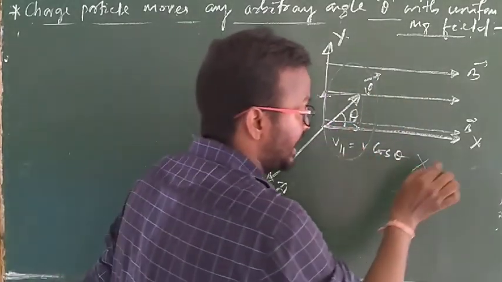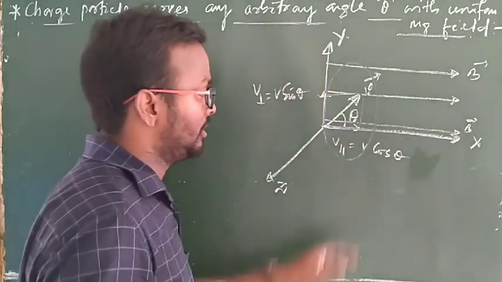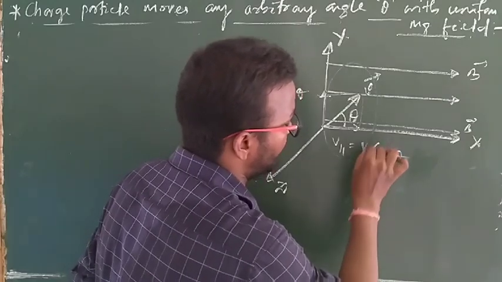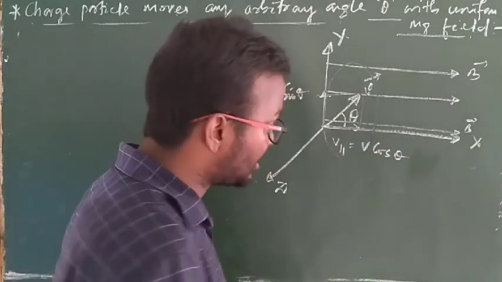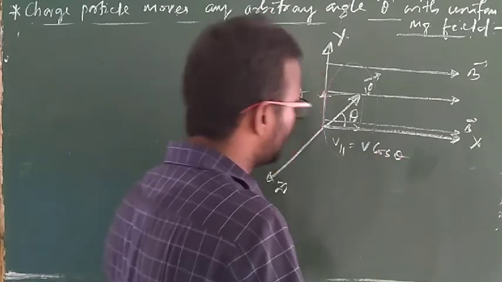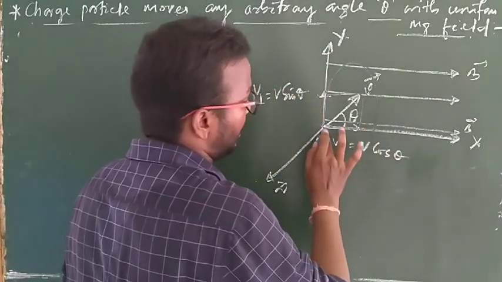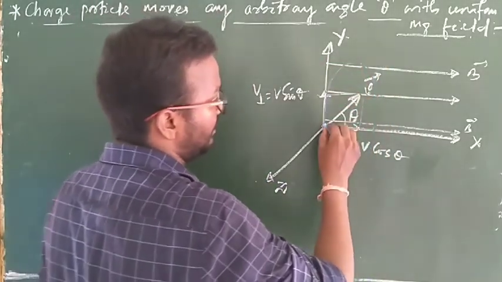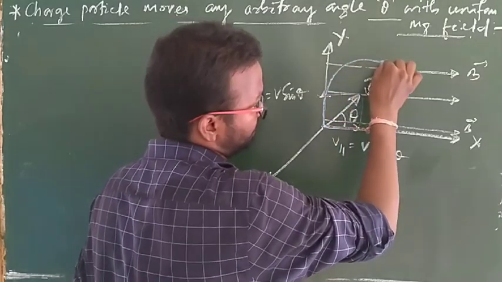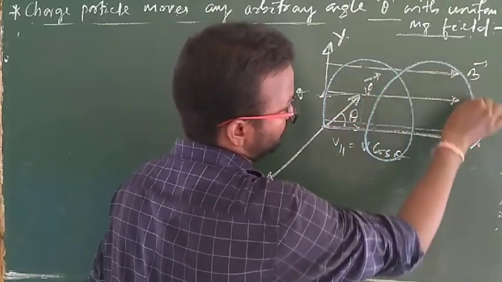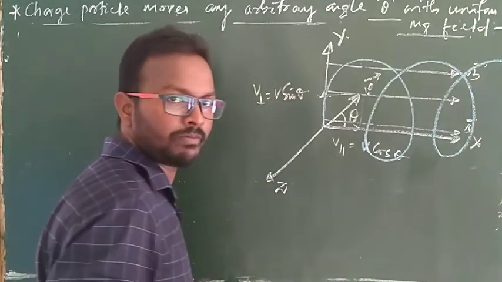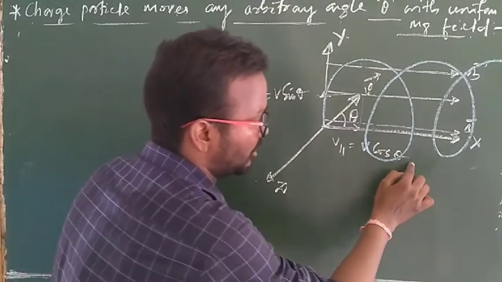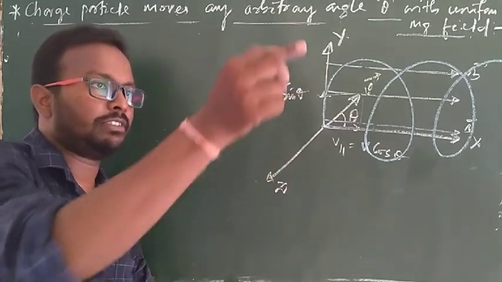Clear? But there is another type of motion of the charged particle, which is along the direction of the magnetic field. Because the parallel component makes a straight line path, the path of the charged particle will be like this. If there is no parallel component, then the path is a circular path.